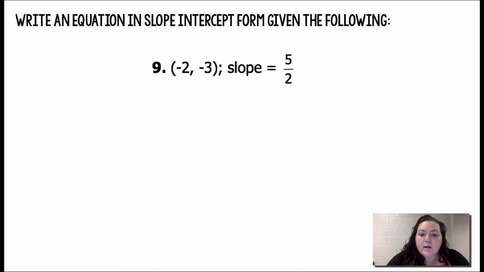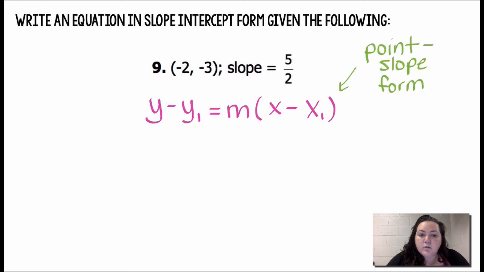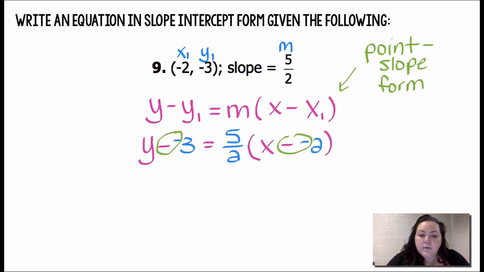This one I gave you a point and a slope. So we're going to use what's called point-slope form, which is y minus y1 equals m times the quantity x minus x1. I have x1 and y1 from the ordered pair, and I have m from the slope that they gave me. So I'm going to plug all those pieces in. So I have y minus -3, that was y1, equals 5/2, that's my slope, times x minus -2.